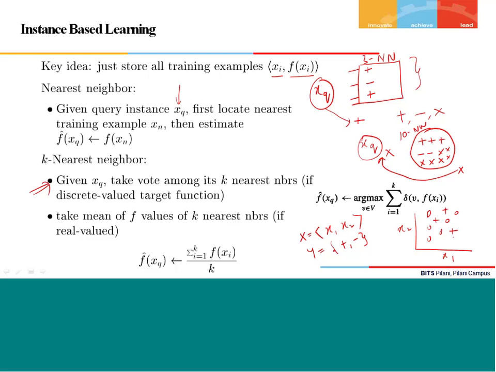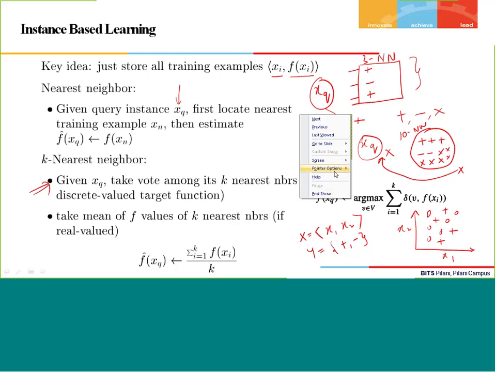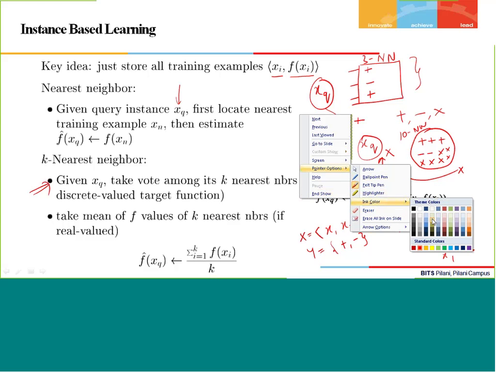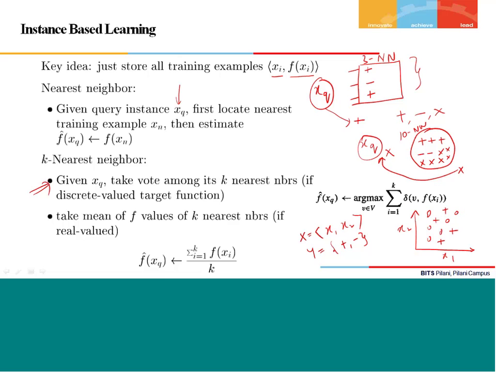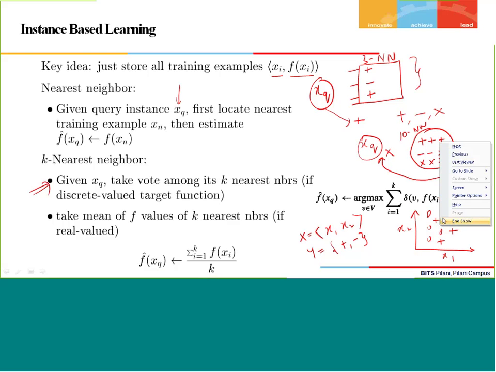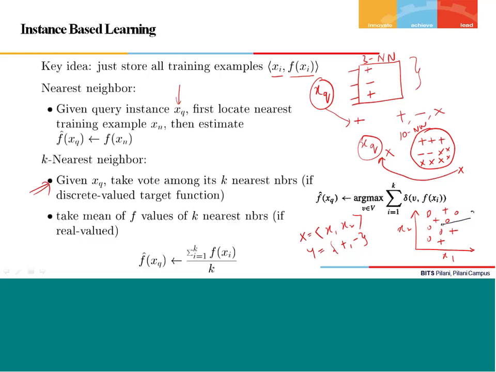Now somebody comes and asks me, for a given input point, let's say this is my xq, this one cross, what should be the label of this new point here?